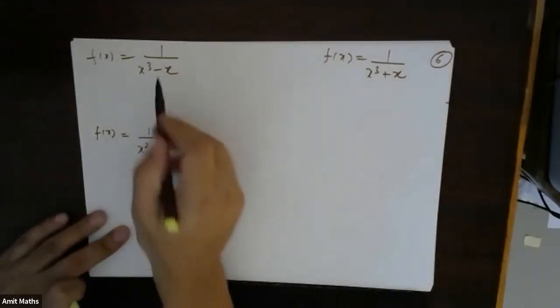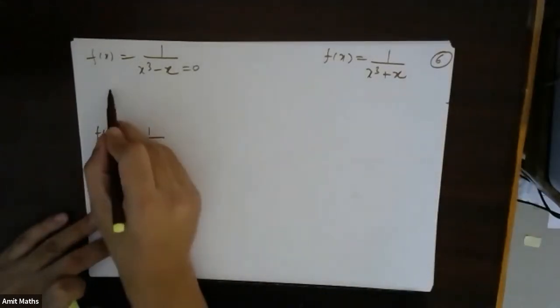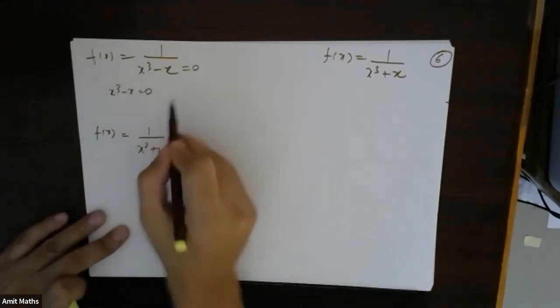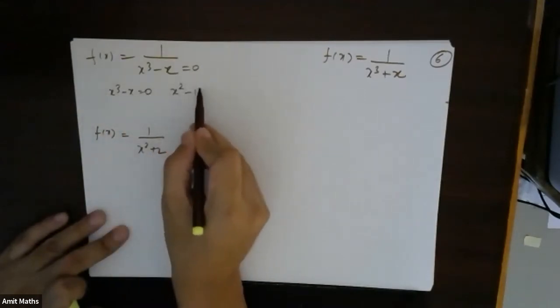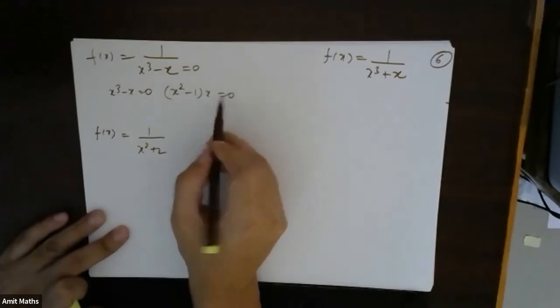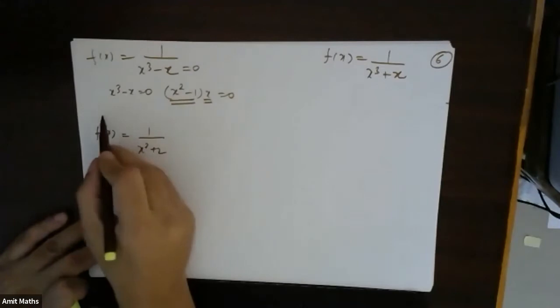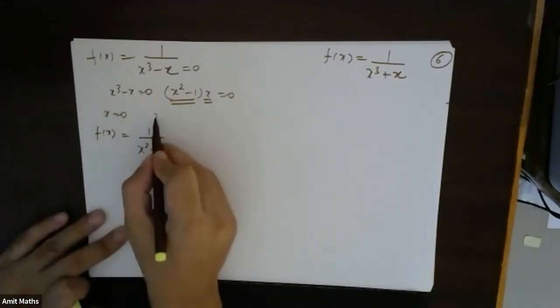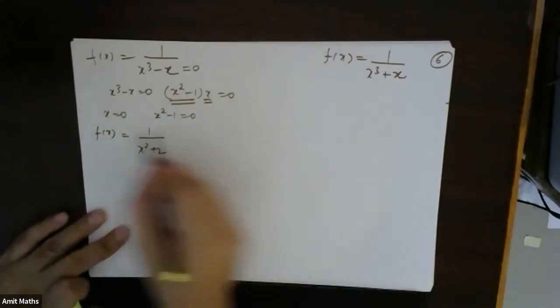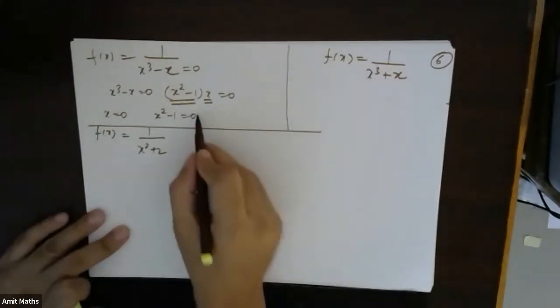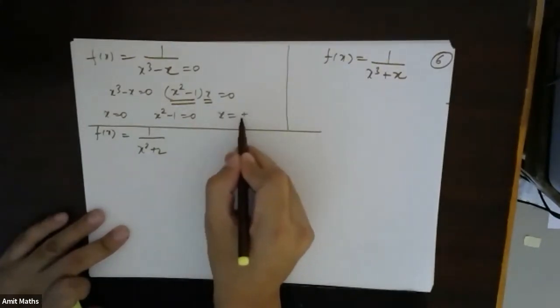In this case, again, I will substitute the denominator equal to 0. So x cube minus x is equal to 0. So this becomes x square minus 1 into x is equal to 0. Either this is equal to 0 or this is equal to 0. So x is equal to 0 or x square minus 1 equal to 0. In this, I will get x is equal to plus minus 1.